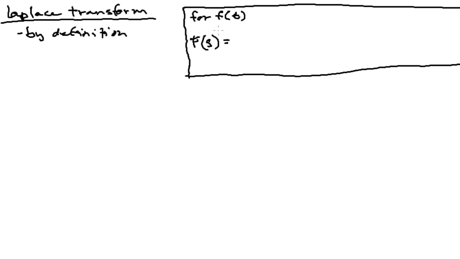Okay? So, for every function of t, there's a corresponding complex valued function, capital F of s, which is equal to the Laplace transform of function of t, which is equal to, ito na yung definition niya, the integral from 0 to positive infinity, e raised to negative st, function of t dt.